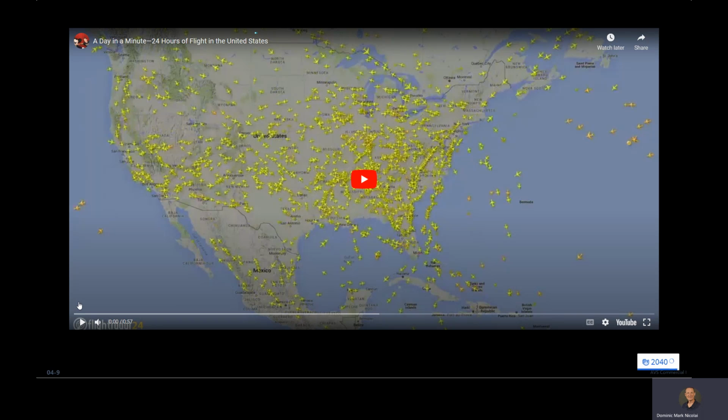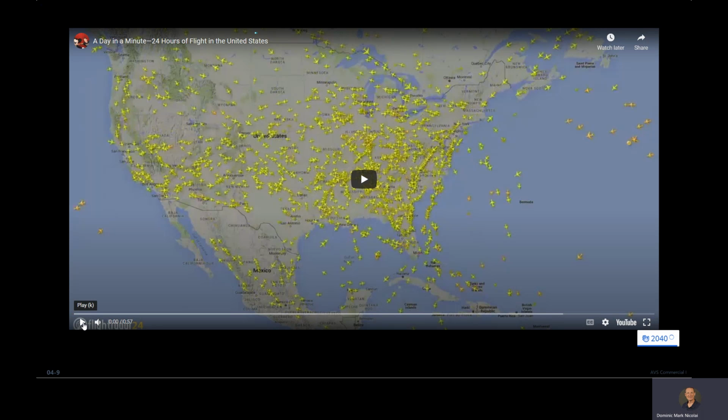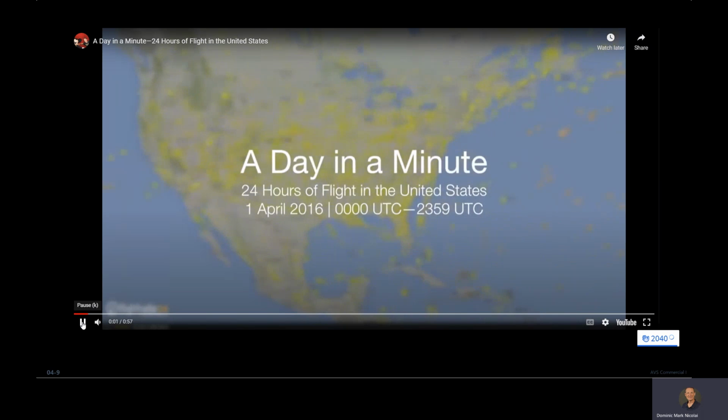Keep in mind, these are for the most part non-ADS-B flights, because today ADS-B will pop up in these sorts of animations, but back in 2015 we didn't have much ADS-B happening. Taking a look at a 24-hour period here.